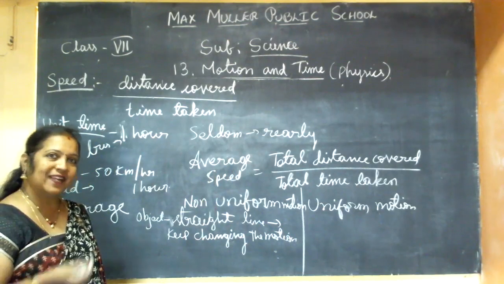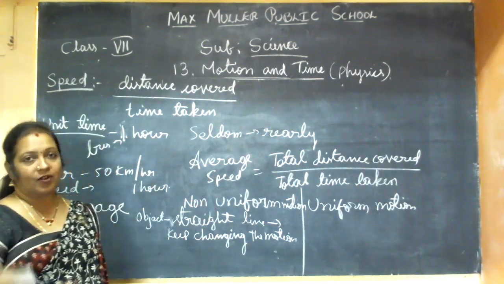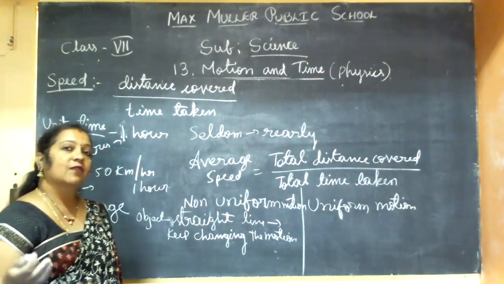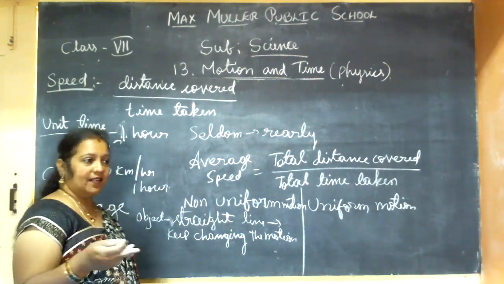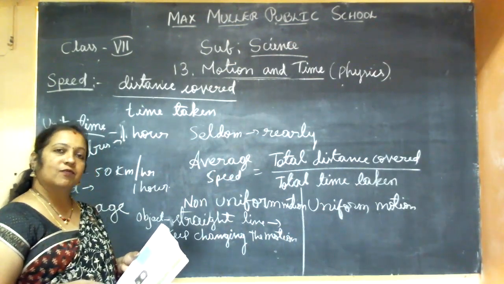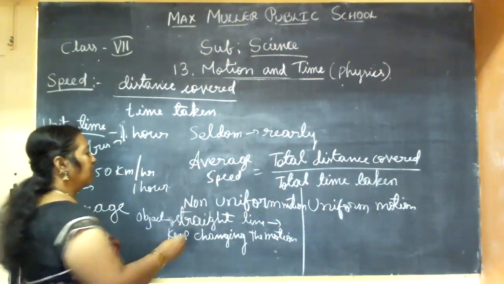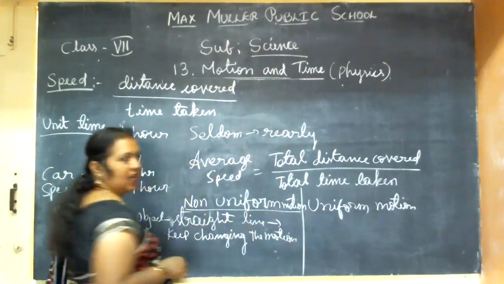By changing the speed. Sometimes it is moving very slowly, sometimes normally, sometimes with very fast speed. If it keeps changing the speed, changing the type of motion, it comes under non-uniform motion.